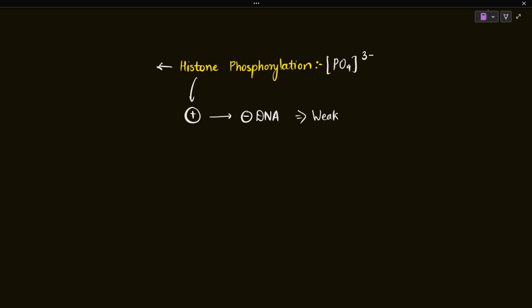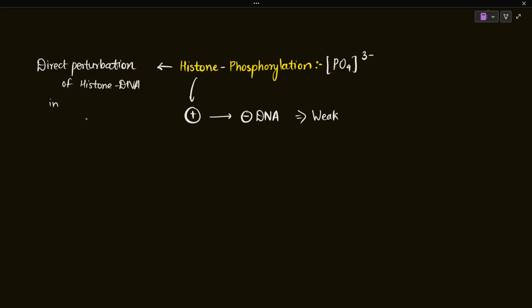So we can say that out of the two modes of functioning of histone modification, histone phosphorylation works through direct perturbation of DNA-histone interactions. Why? Because a charged moiety is being added on the histone, so that is going to change histone conformation, and that will have a direct effect on the histone and DNA interactions.